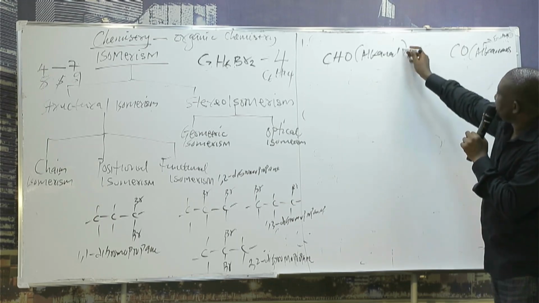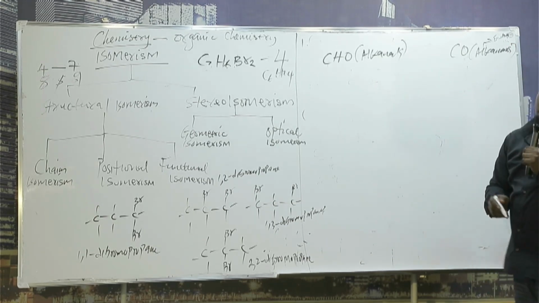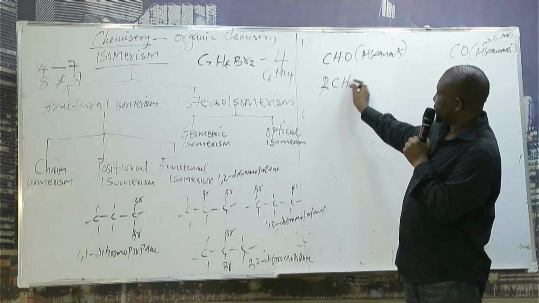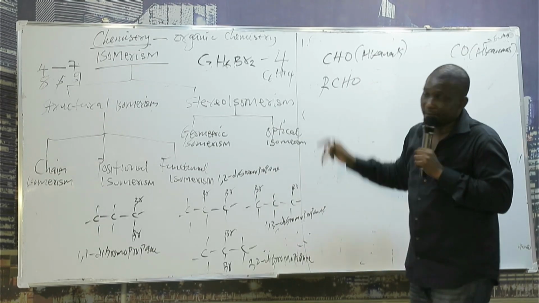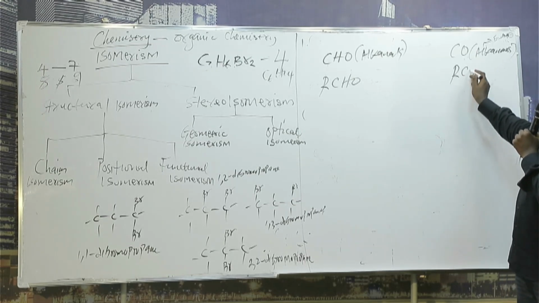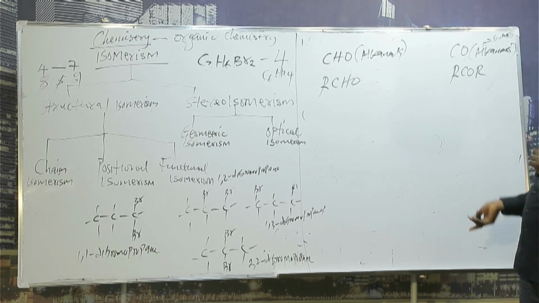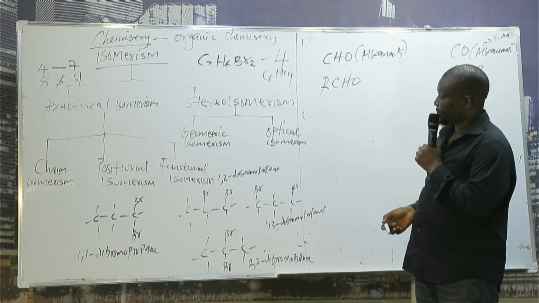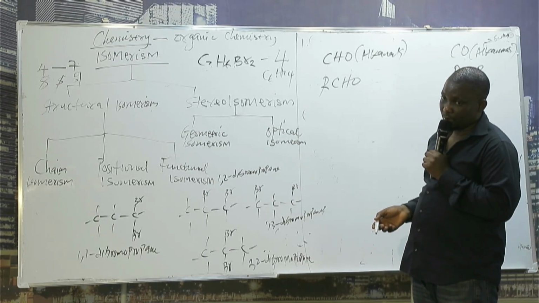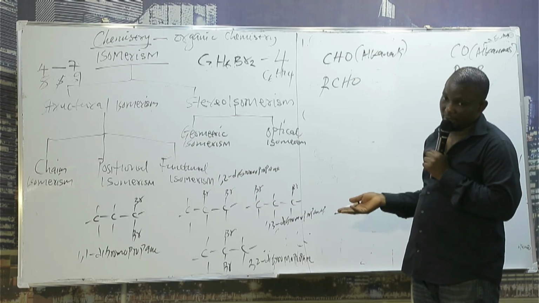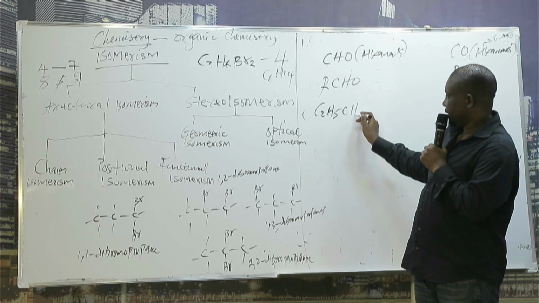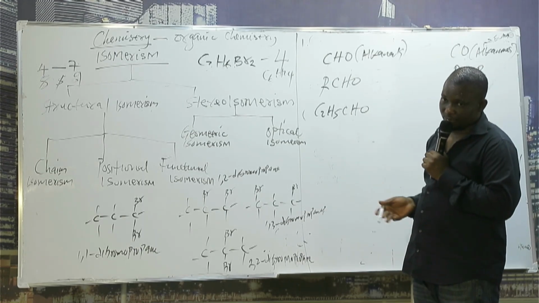Very important. Alkanals, alkanones. Okay, if I have RCHO, that is the general formula. If I have RCOR, that is the general formula. R is the alkyl. What if R is C2H5, CHO, condensed formula?